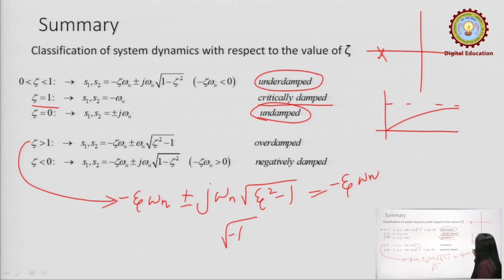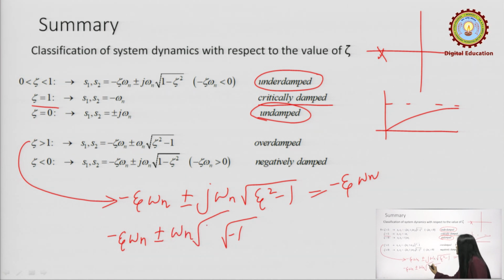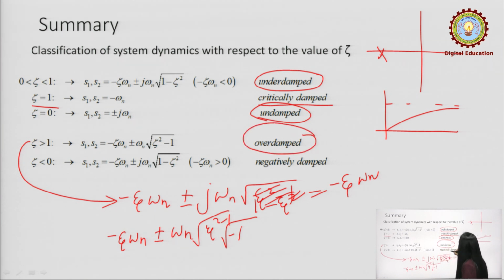Here I will write it: minus zeta omega n plus or minus omega n, because this term has become common, root of zeta square minus 1, because originally it is 1 minus zeta square, and when the minus is taken outside we get zeta square minus 1. So, this is the case of overdamped.